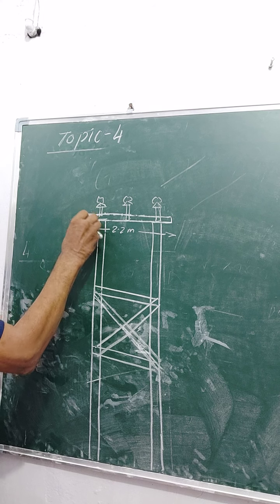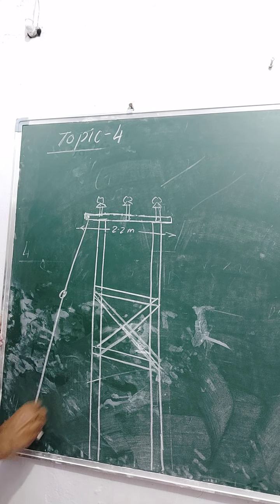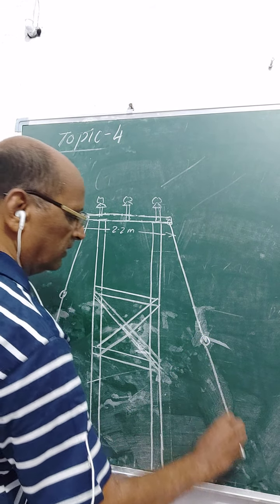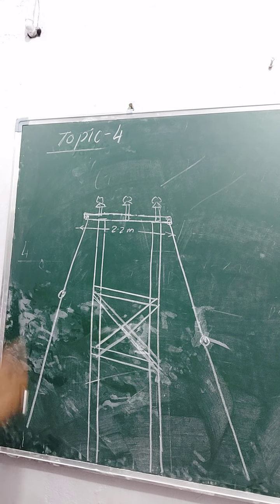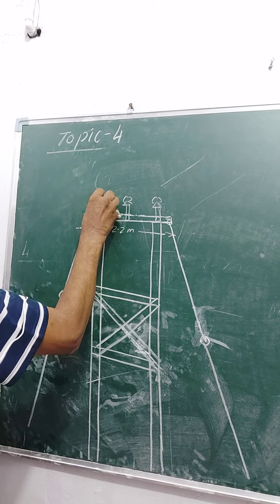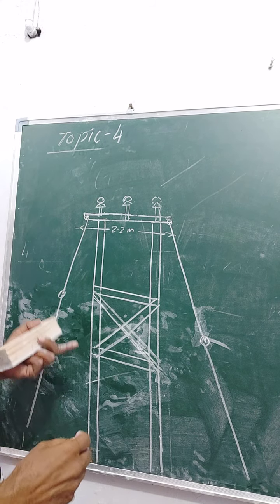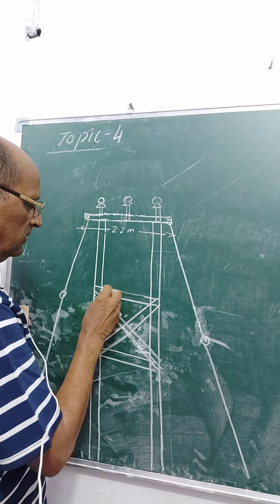And for balancing of the line, you can put two stays. Whatever diagram of stay I have given, we can provide two stays. So at 1.6 kilometer distance, we provide this stay or DP structure, and every 1.6 kilometer or 1 mile, we provide a DP structure.